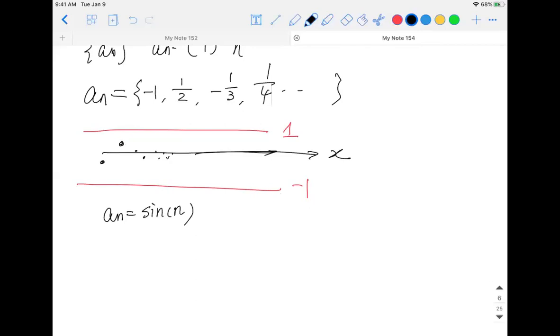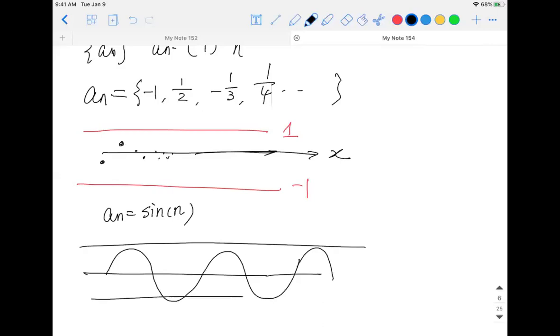Sine x is also back and forth between minus 1 and positive 1, so a_n will be these discrete points on the sinusoid function, but again, it is fluctuating between positive 1 and negative 1. So these are the very basic concepts of sequences. I hope you guys have some basic understanding.